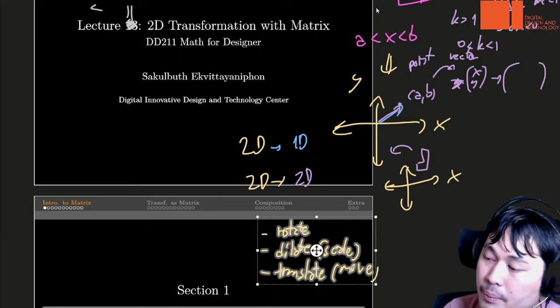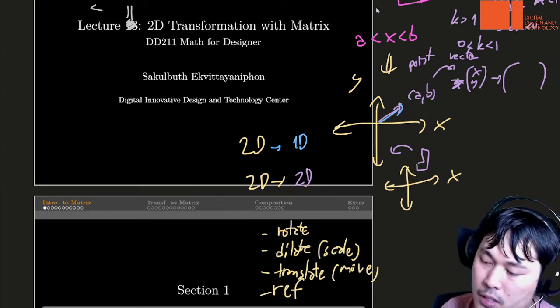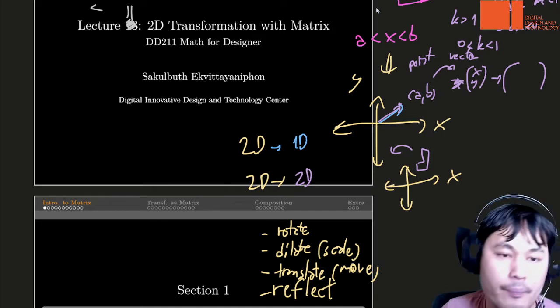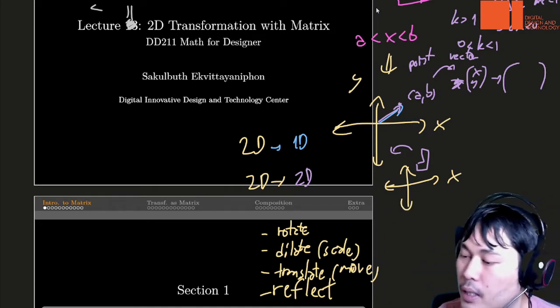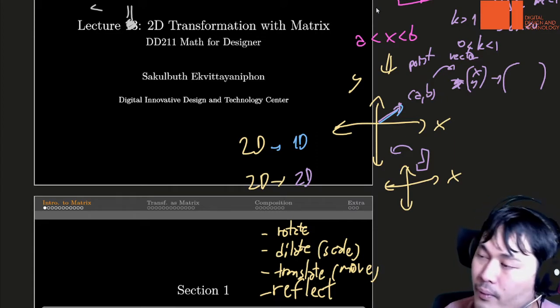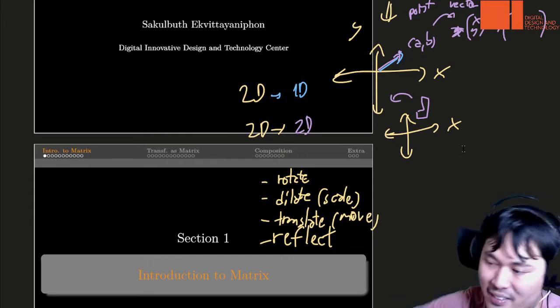We describe a transformation using these keywords. Oh yeah, and some reflection. You can reflect a shape across a line or across a point. And then we can chain them up. We can do one and then another and then another.